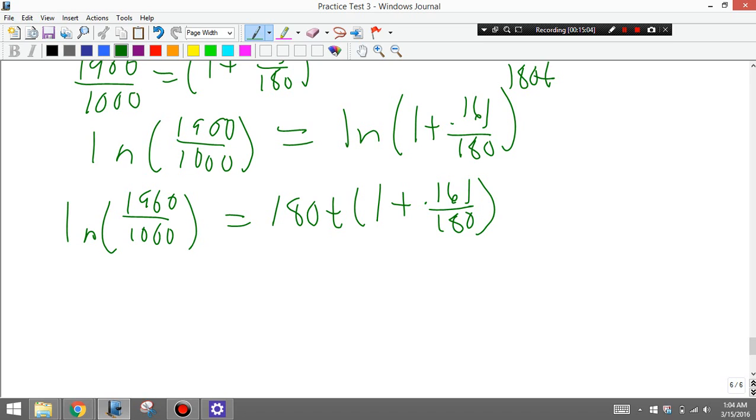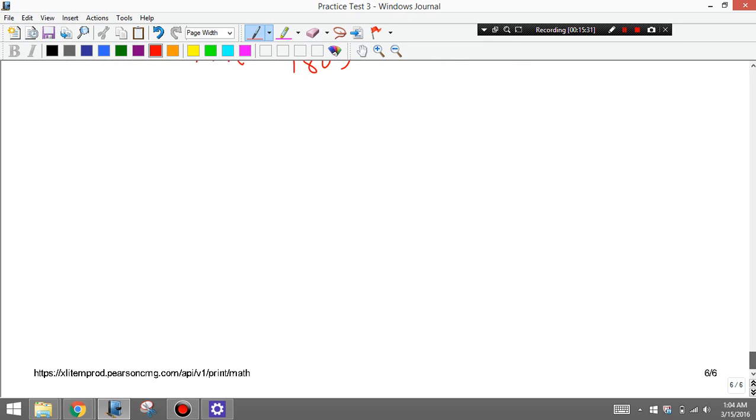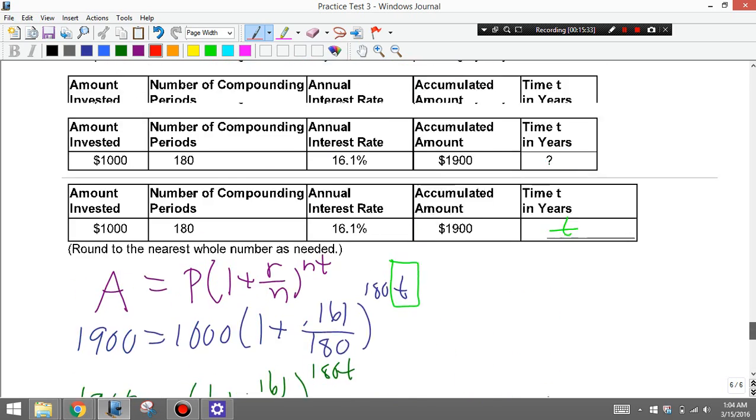And then again, you're solving for this t here. And so you just divide it out. t equals the natural log of 1900 over 1000 all over the natural log, I'm sorry, the natural log is right here, all over the natural log of 1 plus 0.161 over 180. You just have to be careful when you put that in your calculator. All right, that's it. If you have any questions, just let me know.